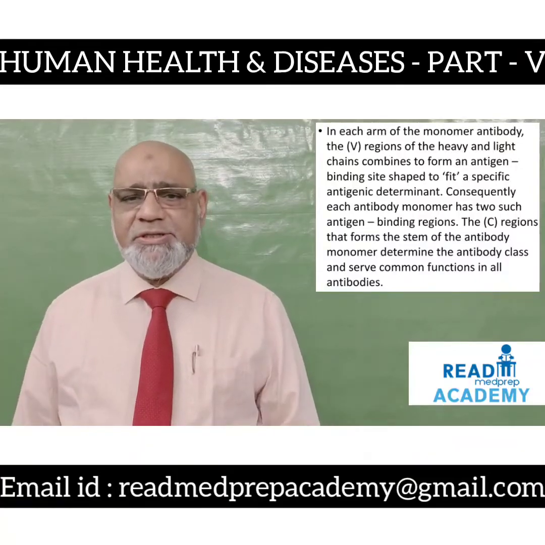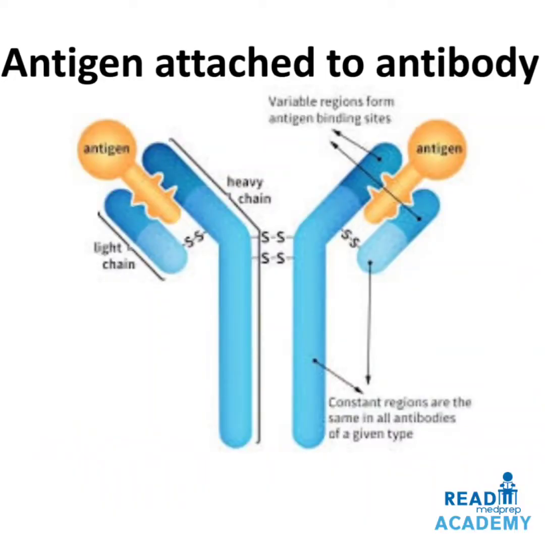Here you can see the image where it has two heavy chains, and on either side of the heavy chains is the light chain. The two heavy chains are linked by disulfide bonds, and the heavy chain and the light chain are linked by disulfide bonds. The constant region is present, which is the same in all antibodies, in the light and the heavy chain.